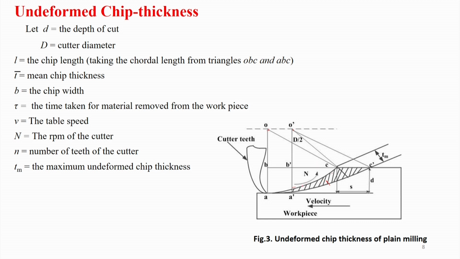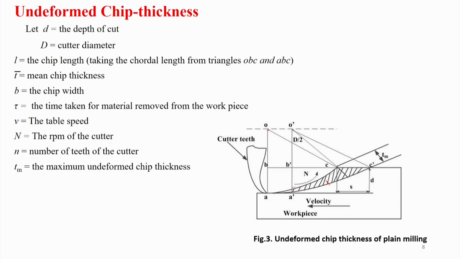By the time that tooth moves, we assume that this distance, O prime, is basically the feed per tooth. So, the per tooth feed is this, and you have got this type of material. D is the cutter diameter, so D by 2 is the radius, and L is the chip length.